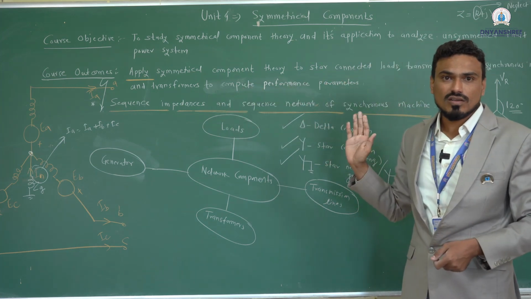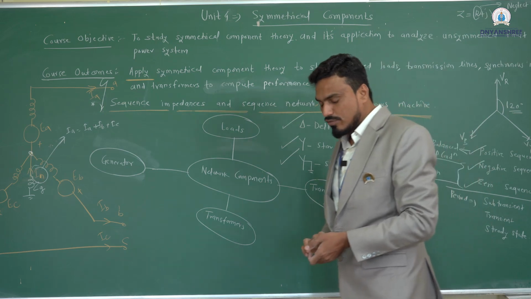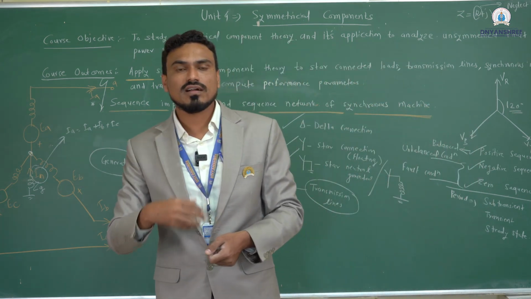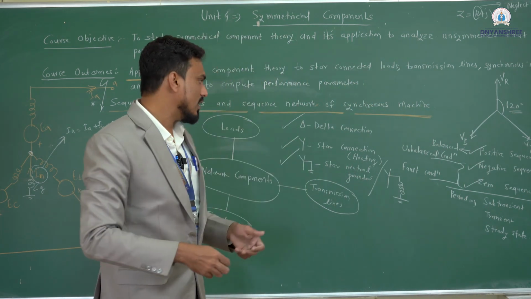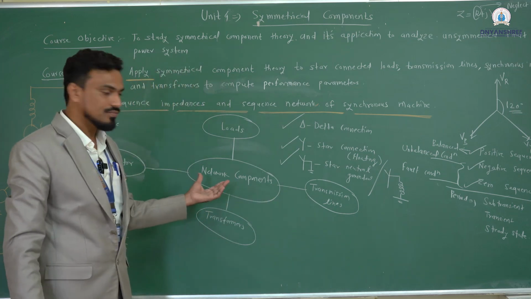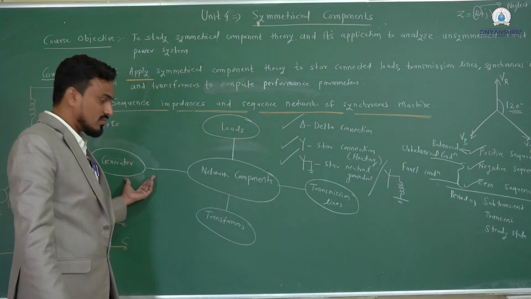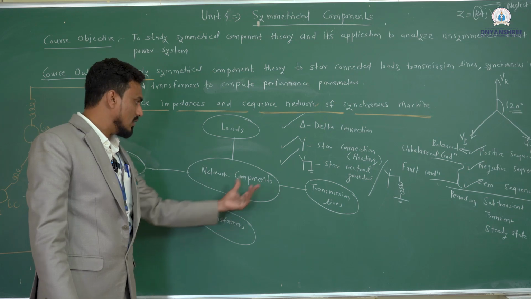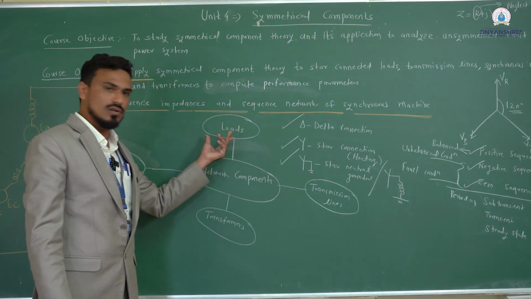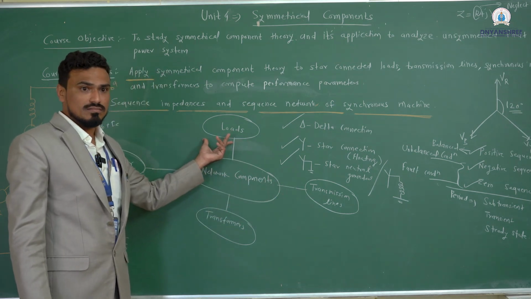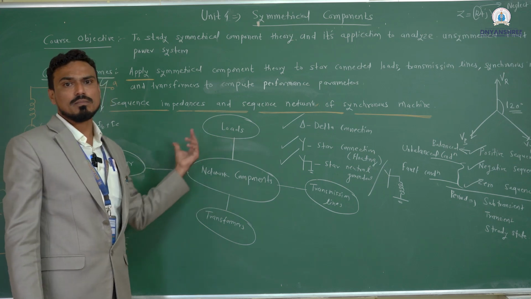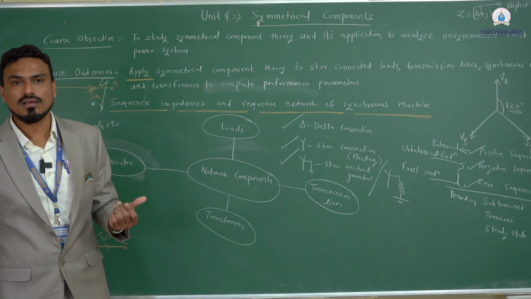parameters. Okay? As we know, there are different kinds of network elements in the power system, such as generators, transformers, transmission lines, and loads. These four elements play important roles.